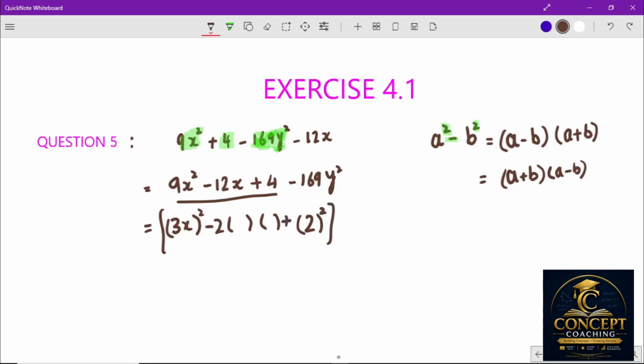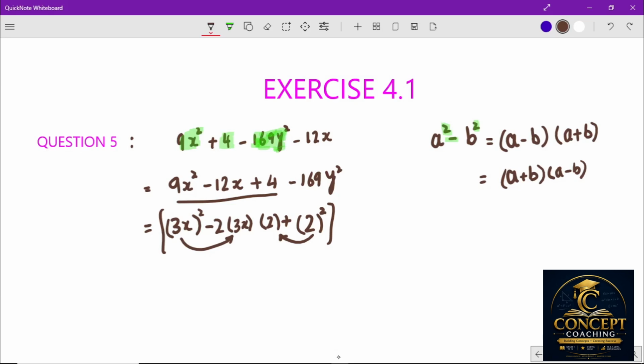So we write 3x in the first bracket, 3x here, and 2 in the second bracket, 2 here. So 3 4s are 12, we have 12x. So we have completed the square, that is a minus b whole square. We just rewrite it so that it appears as a minus b whole square. And then we have the next one.